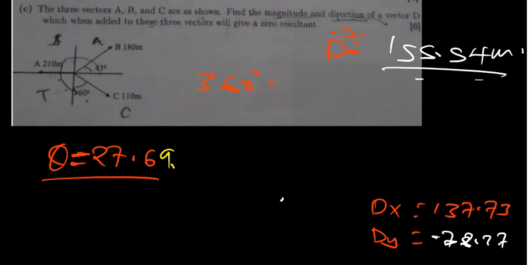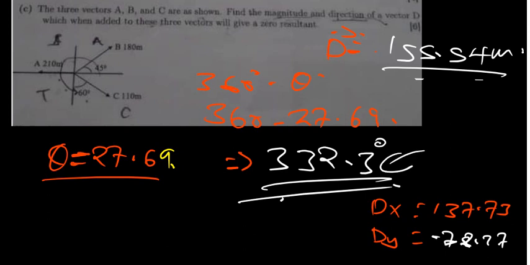So we say 360 minus 27.69. What will be our answer? 332.3. So this is the direction for vector D.